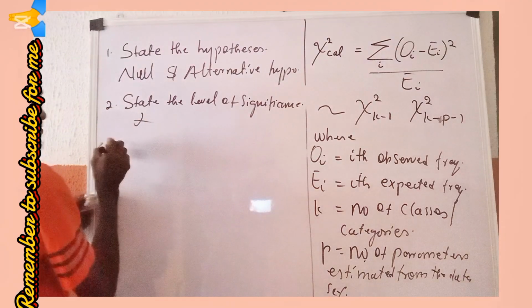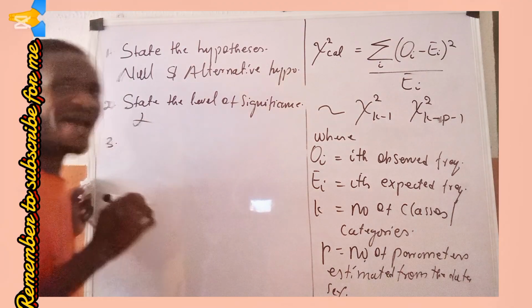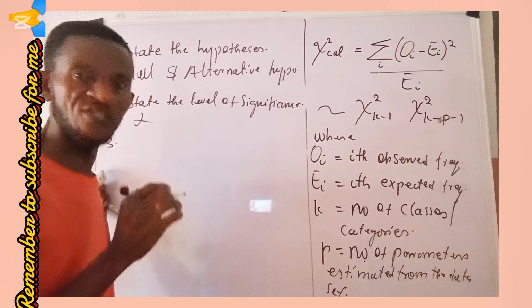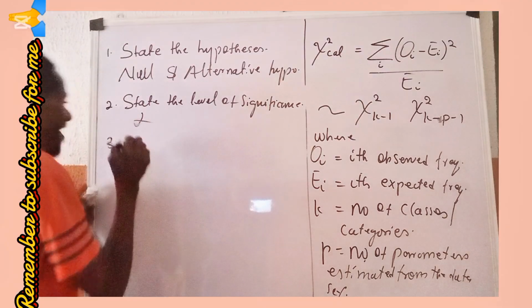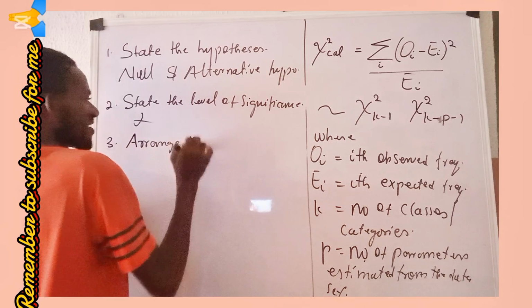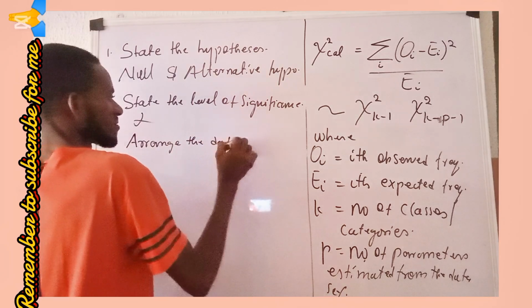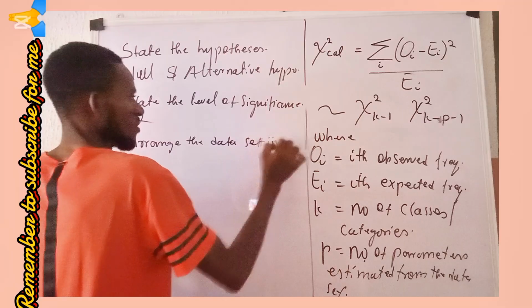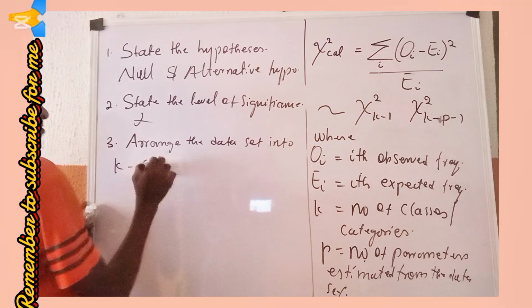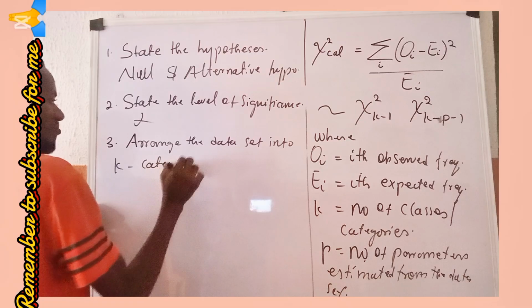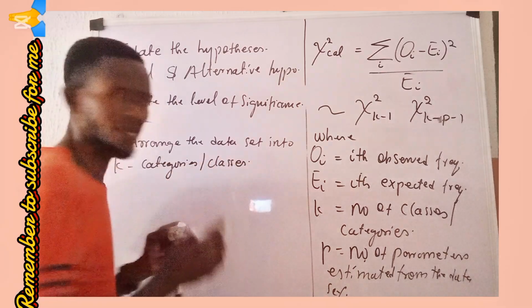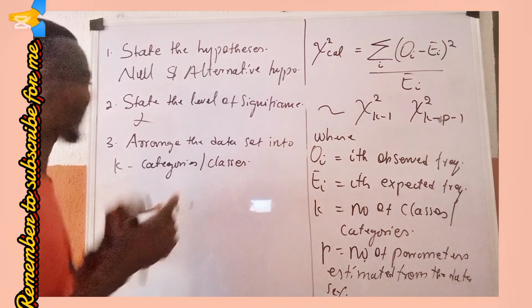Then number three, arrange the data set into k categories or k classes. That is number three.